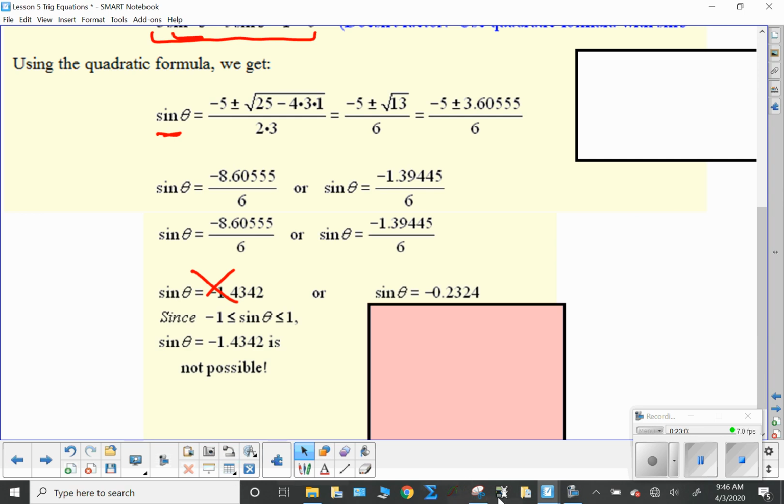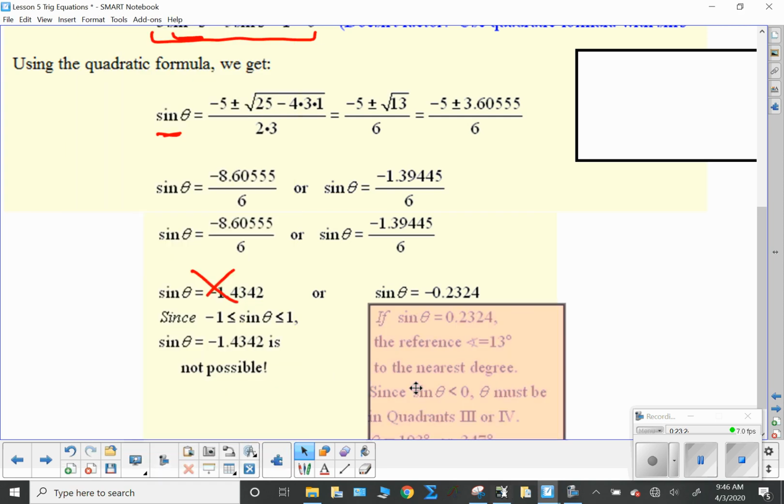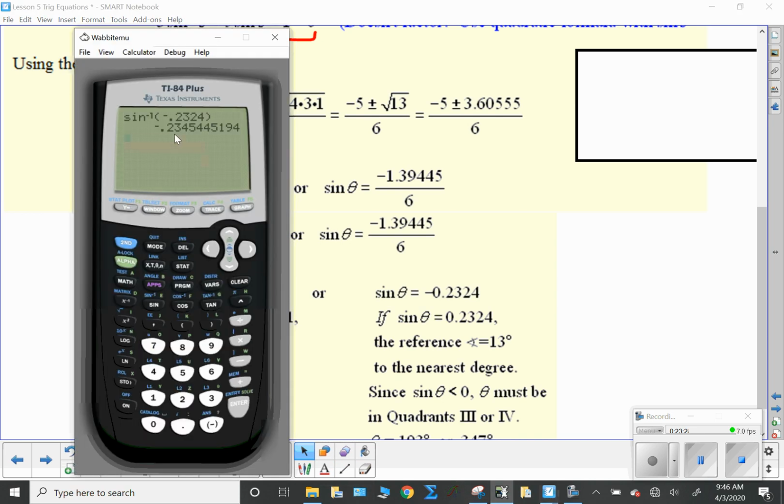I am going to take my calculator and do second sine, so I get the inverse sine, negative 0.2324, and press enter, and I get a wrong-looking answer.